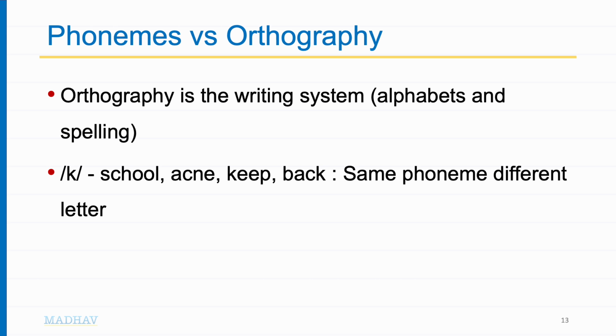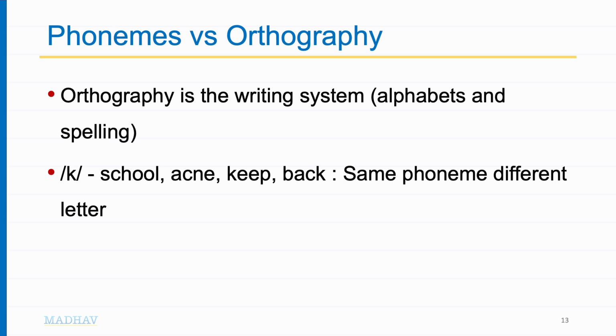Here, ch means ka. In acne, the sound ka is represented with a C. In keep, the sound ka is represented with a K. In back, CK. So the same phoneme is represented with a different letter. Letter means the grapheme.